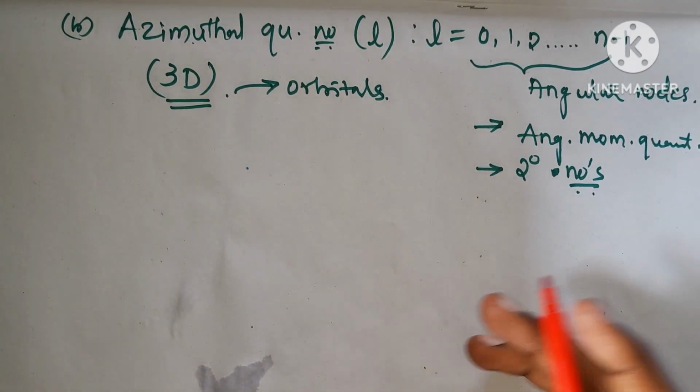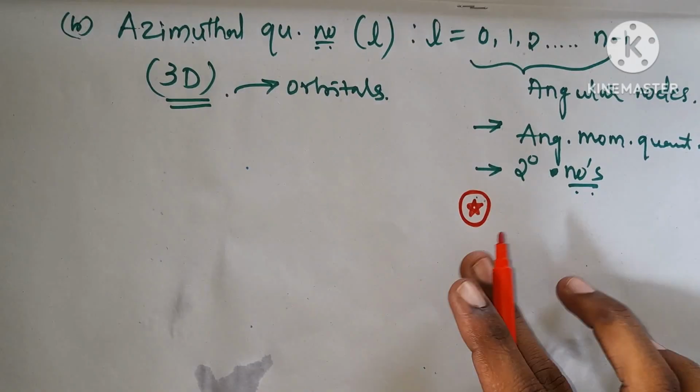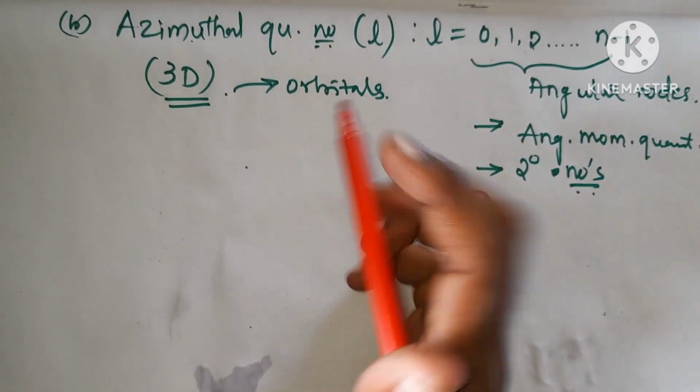One more key concept that needs to be discussed here is very important for notation of orbitals, because it is more related with orbitals.